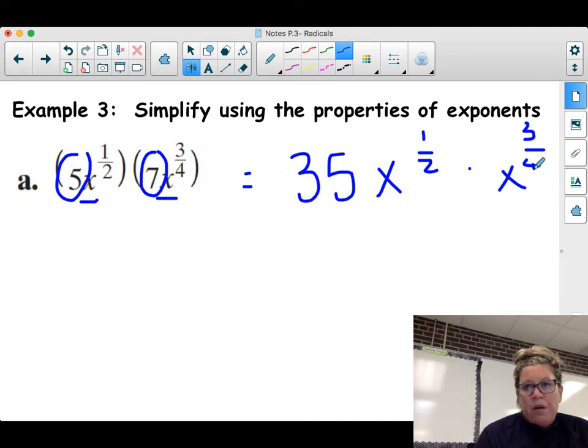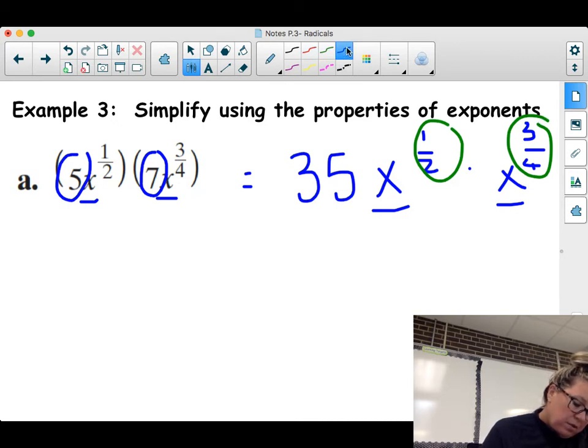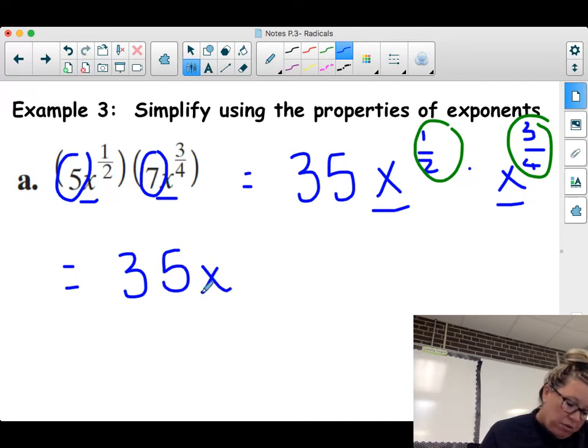Now, properties of exponents say if you have common bases, you have an x and an x, and you're multiplying them, the rule is you add the exponents. So we're going to be adding this 1/2 and this 3/4 together. So 1/2 plus 3/4.